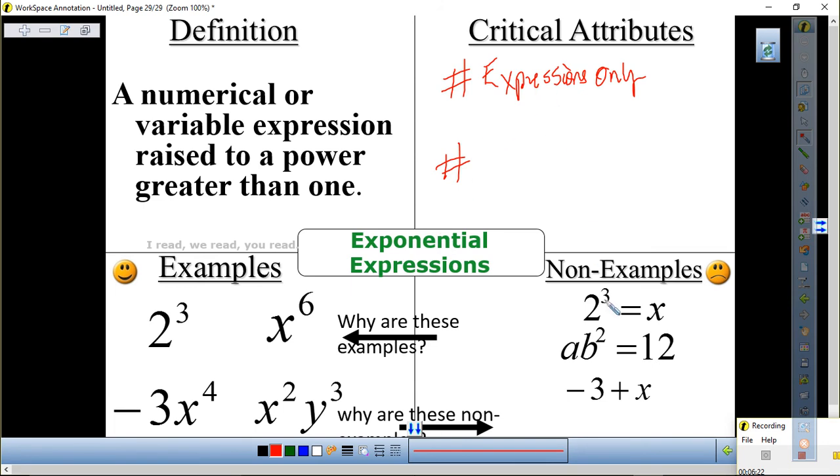If we say expressions only, that excludes equations. But what is the other most important property? Exponents greater than 1. Or powers greater than 1.